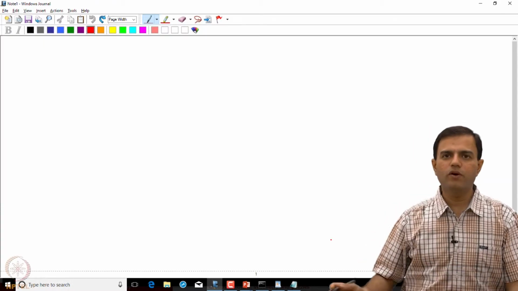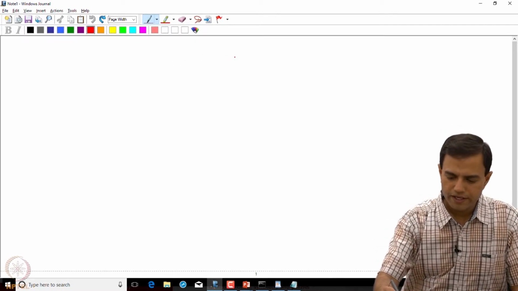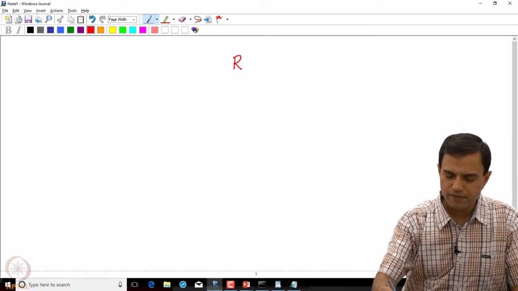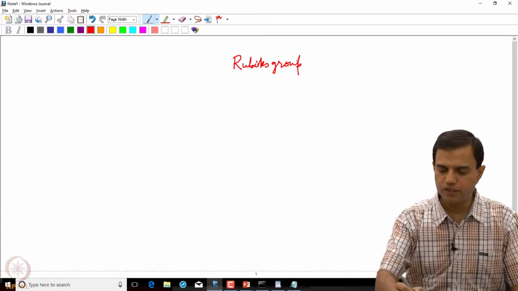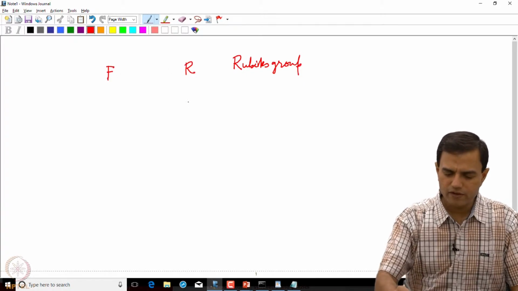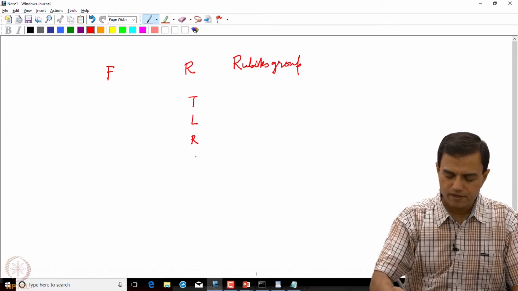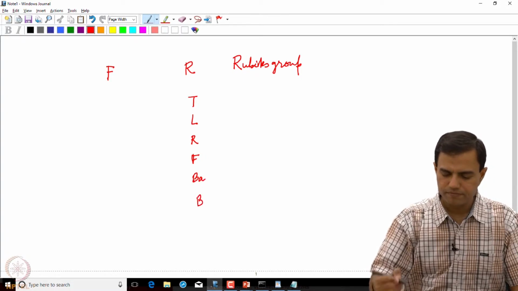So let me explain what I have done so far. Here is Rubik's group, a huge one, let me call it R, and I have recognized generators of it: top, left, right, front, back, bottom.